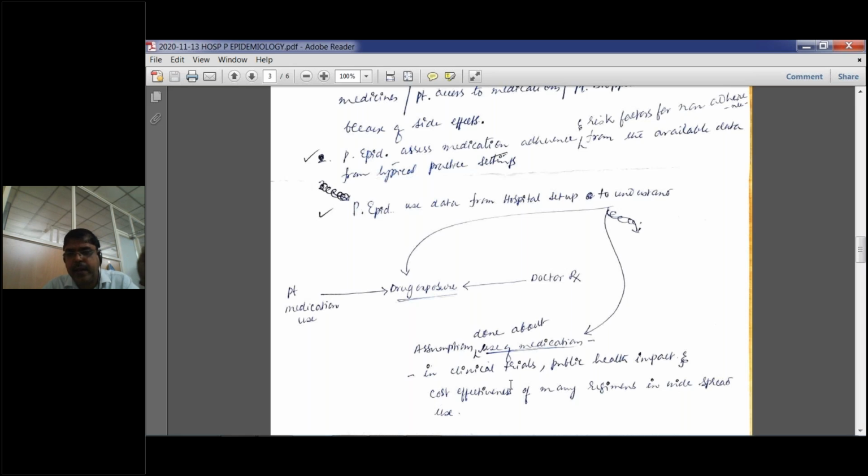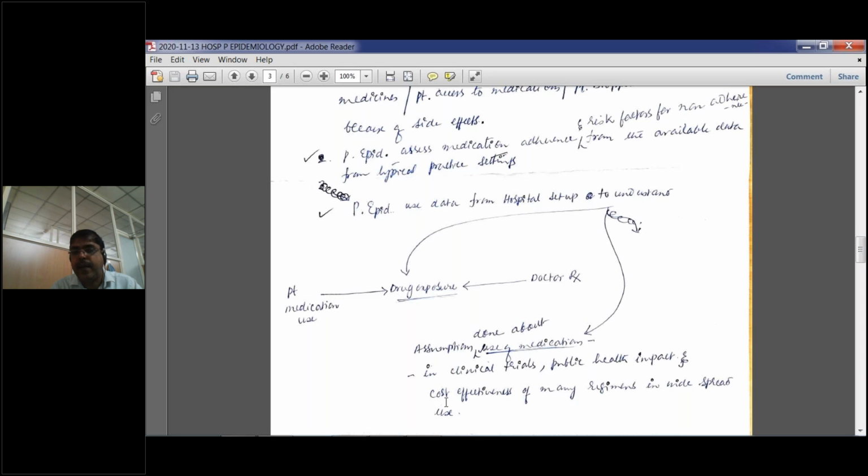Whether it is for clinical trials, whether it is for public health, whether its cost is less so that it is effectively used, how widely it is used, all these things can be done for the use of medications.